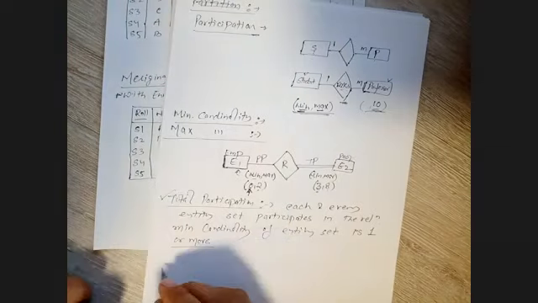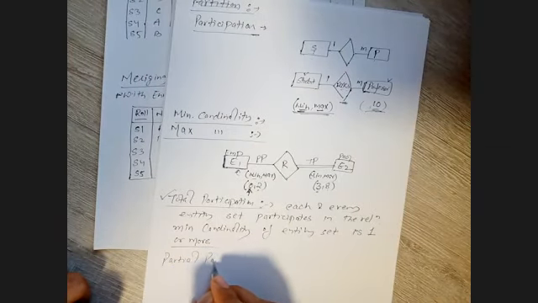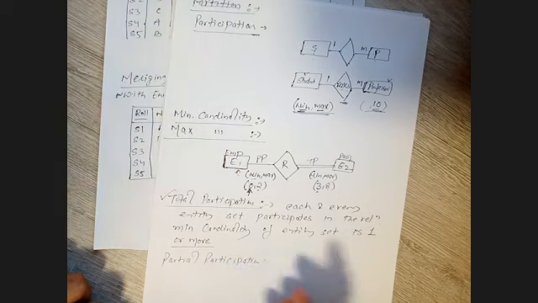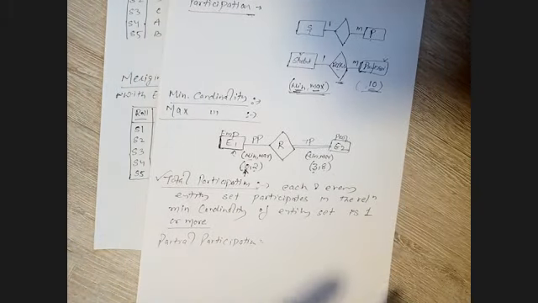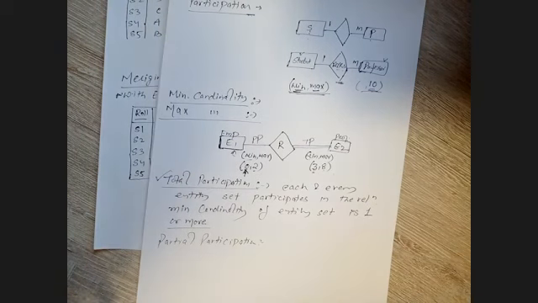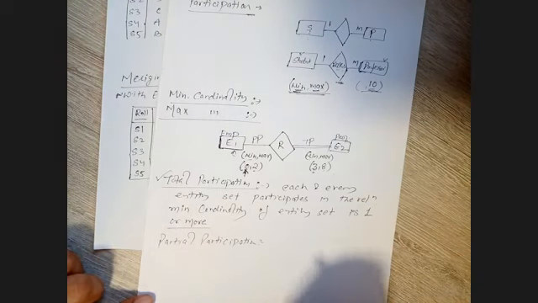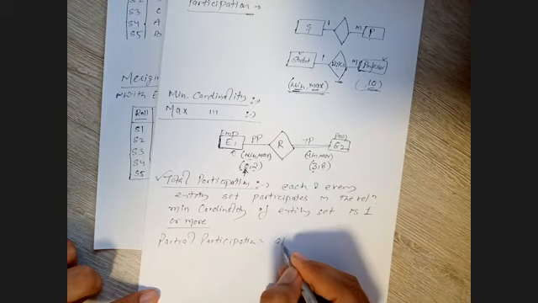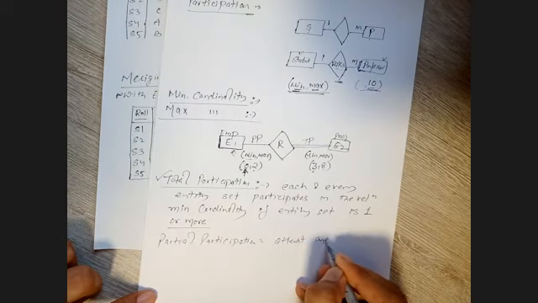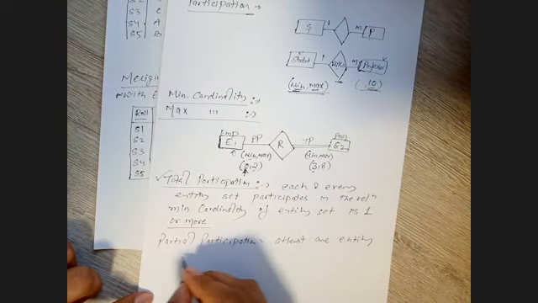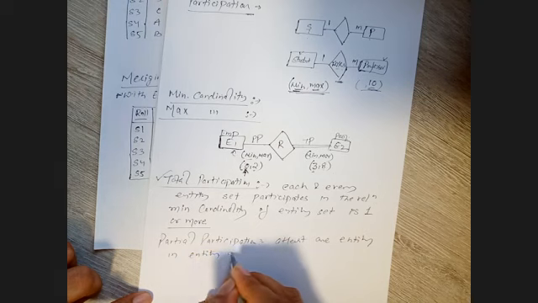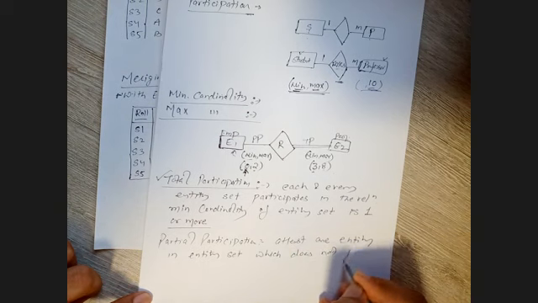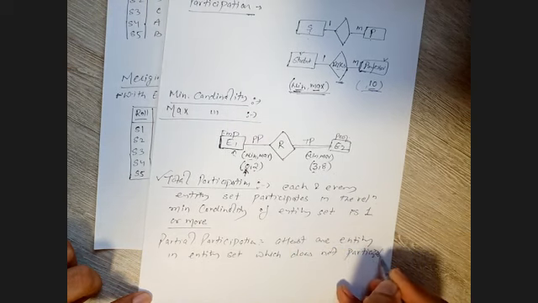And the same for partial participation. An entity set has partial participation if there is at least one entity in the entity set which does not participate in the relationship set.